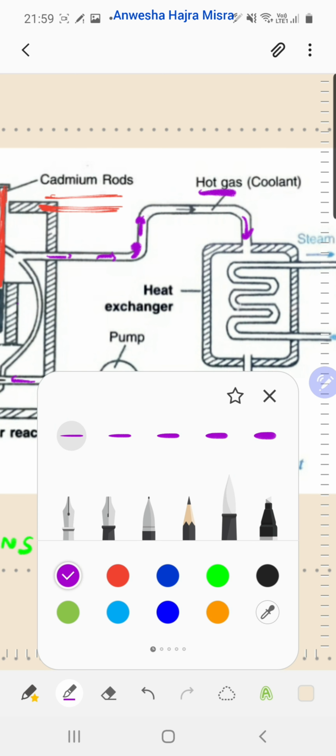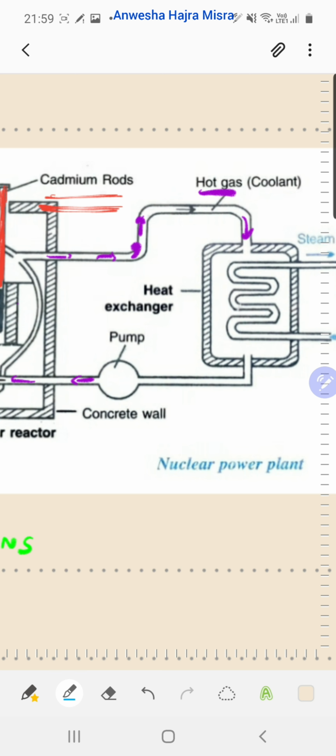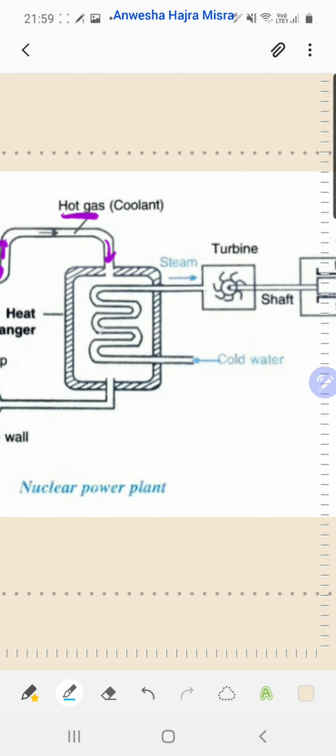And what does the hot gas do? Here, cold water is coming. The hot gas comes in, heats the cold water, and what do you have? Steam coming out. The steam turns the turbine.